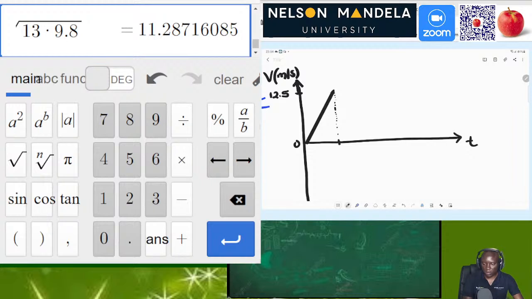So that's 1.28 seconds. It reaches a velocity of 12.5. This is when it hits the ground, so it bounces off. It bounces off. This happens in a few seconds.